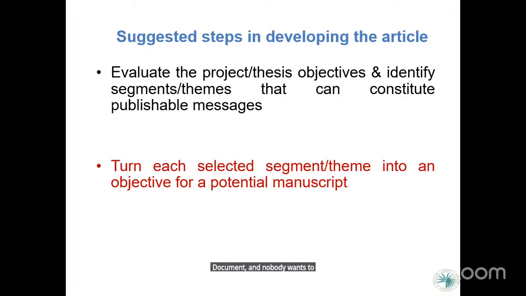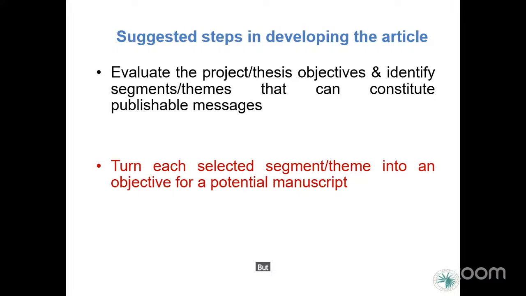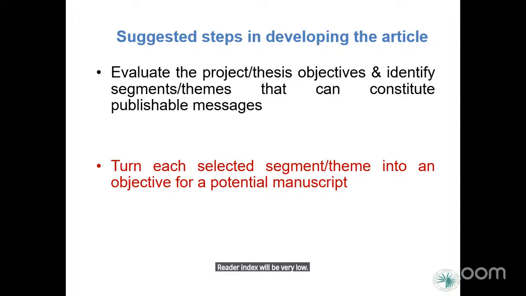It's more like accountability, to say yes, we wrote some papers, but the journal you are going for will be of some lower level, where everything can be published and probably the readers will be very few. The journal's reader index will be very low, because you are publishing what is already known.